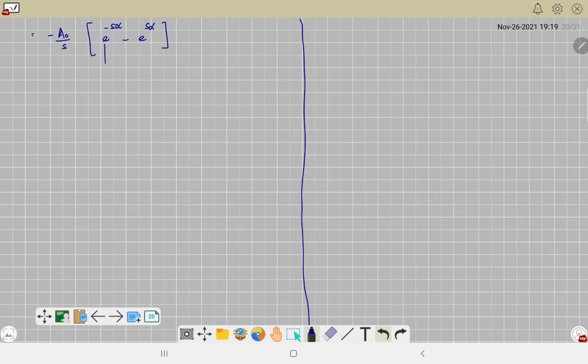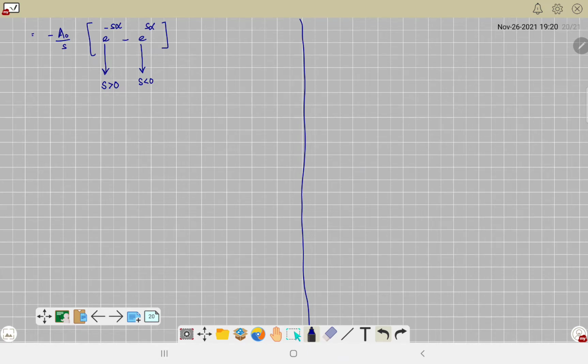Now this thing here, it will converge. For this to converge, s should be positive, so then only e raised power minus infinity will be 0. And for this thing, s should be less than 0, because then only it will be e raised power minus infinity, which is 0.